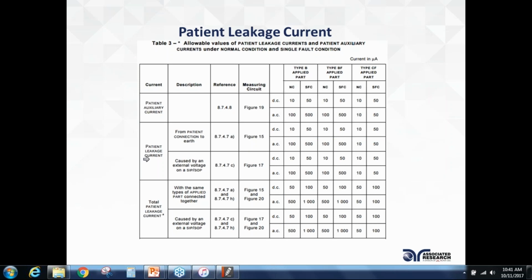So if you have patient leakage current to earth ground, these are your limits for AC current. 100 microamps for type B applied part. You have some they're calling out for 50 microamps, the CF type. Again, the CF types are more stringent. They provide an additional layer of protection.